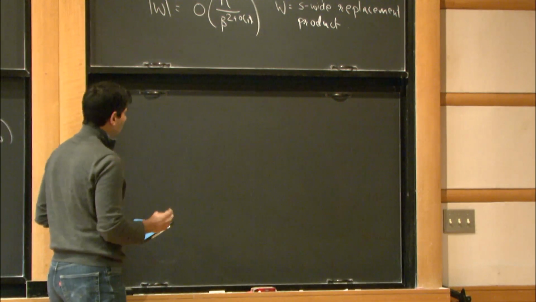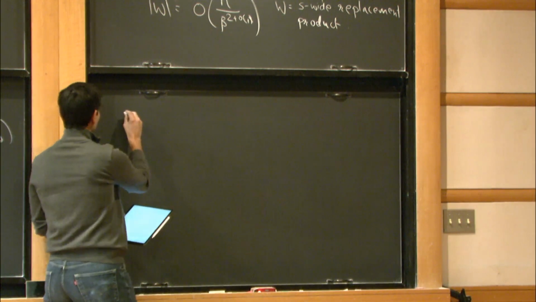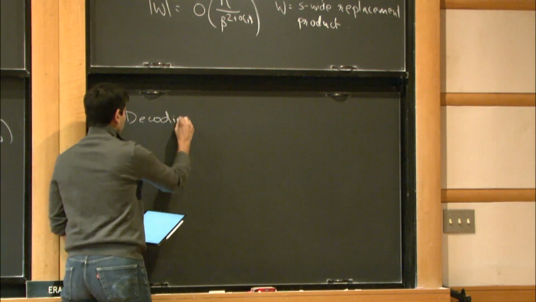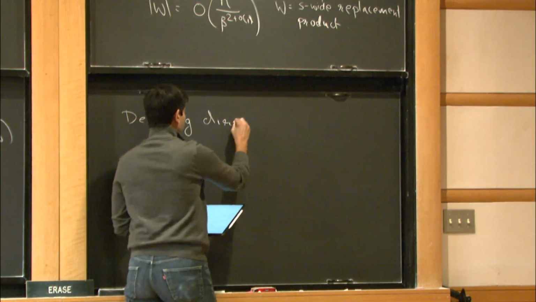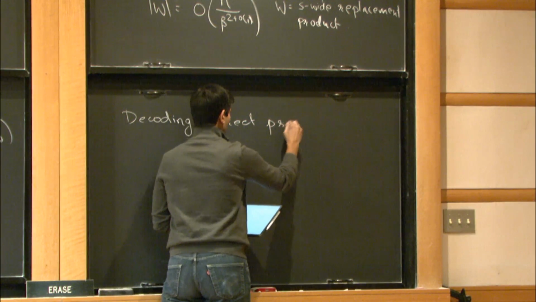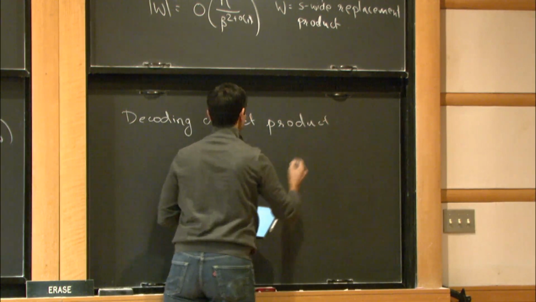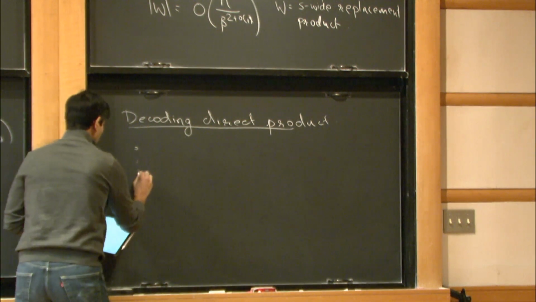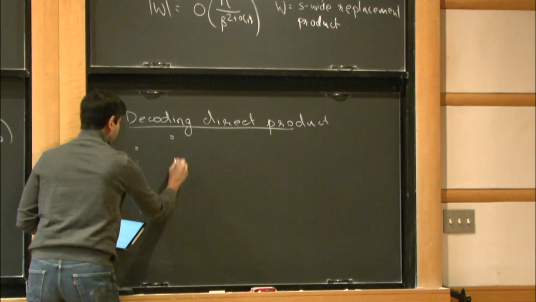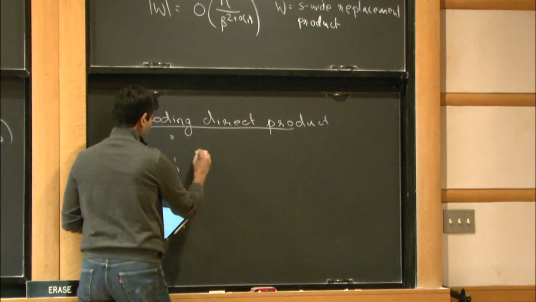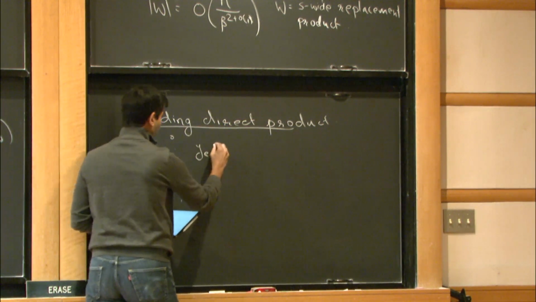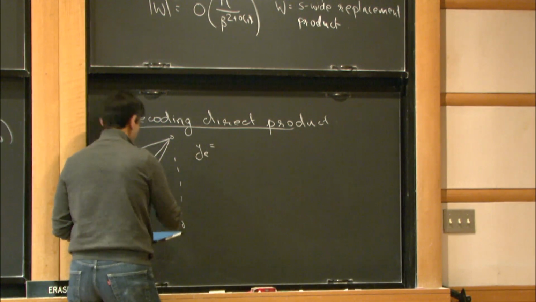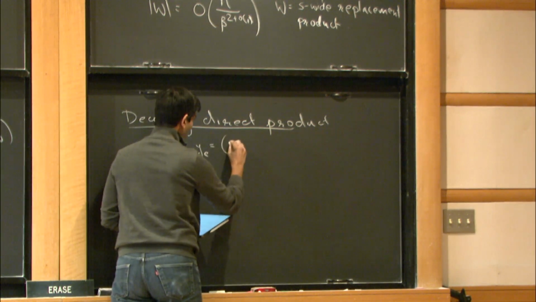In terms of decoding, the works I know are for direct product, where the code is slightly different. Instead of y_e being the parity of these bits, you actually write down all the bits.